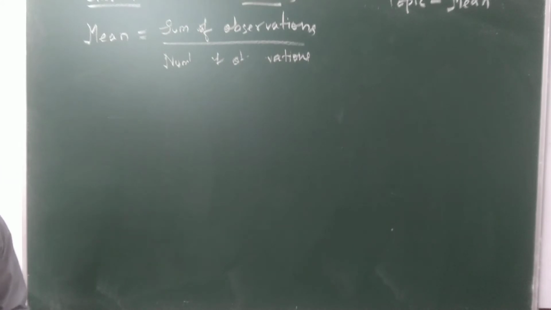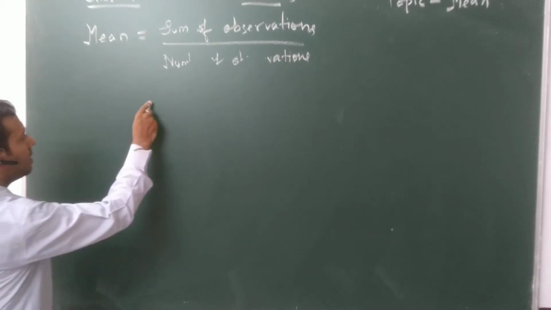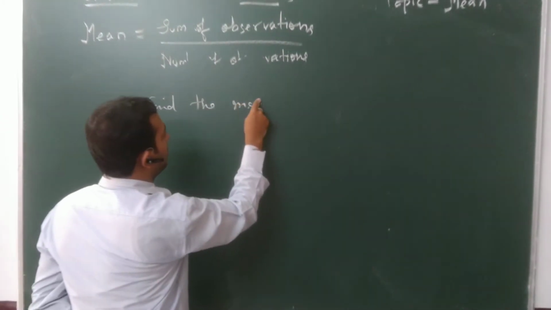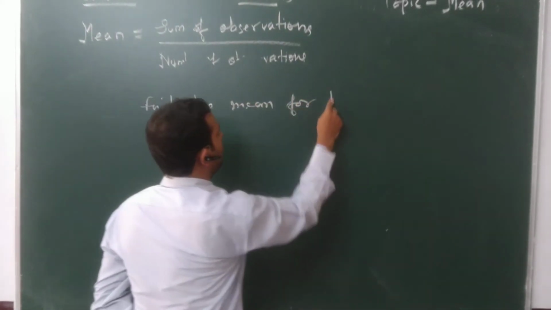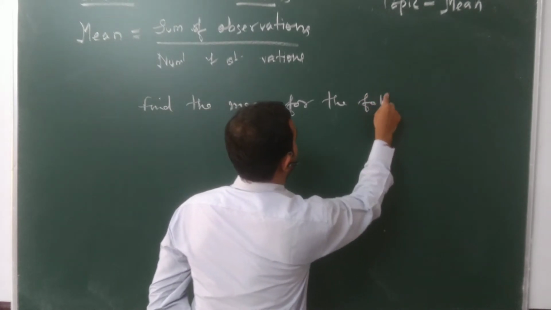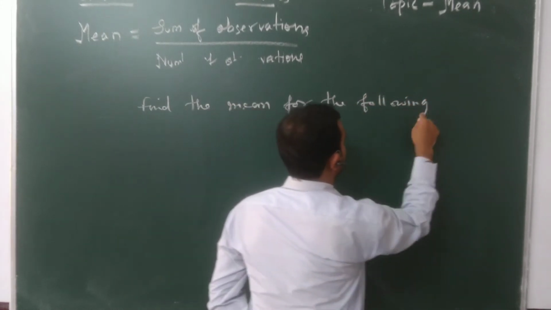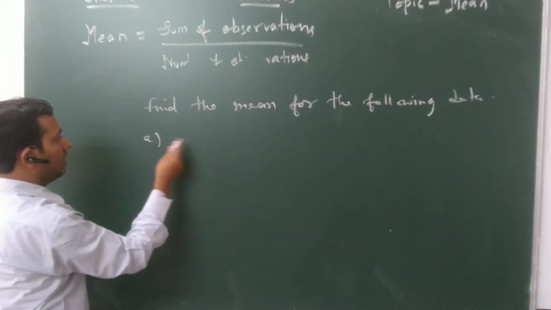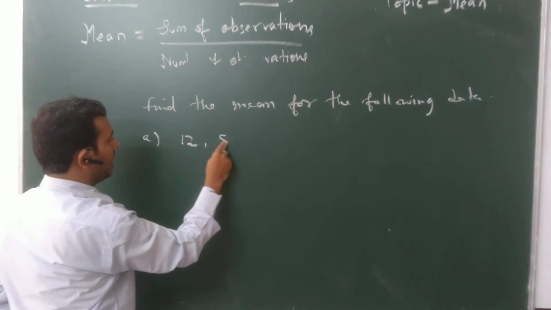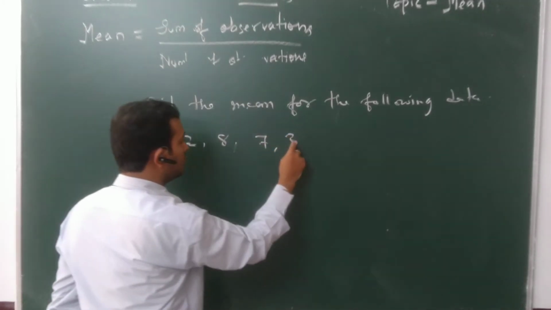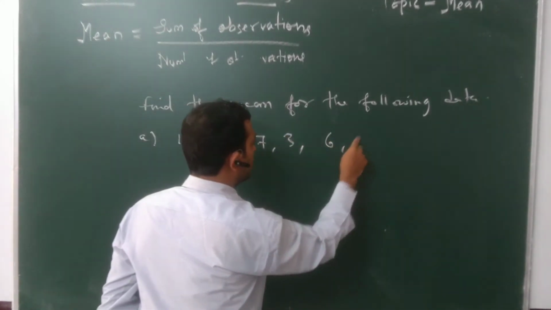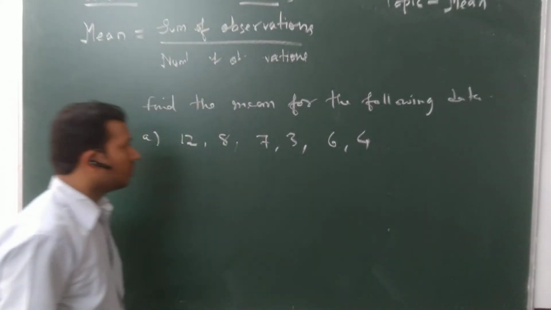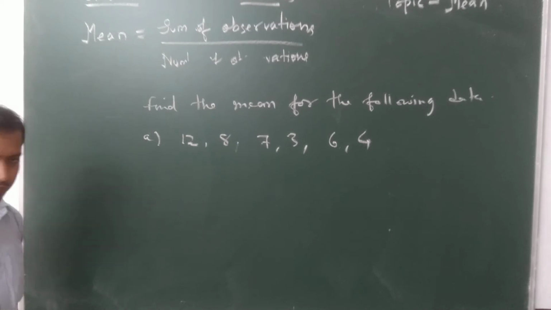If I ask you to find the mean for the following data, and the data is like 12, 8, 7, 3, 6, 4. 1, 2, 3, 4, 5, 6, we have 6.